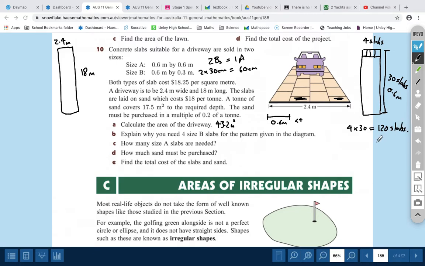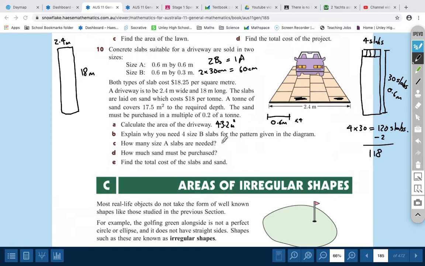But I've got four of the little ones to think about. What are they asking me here? How many of the size A slabs are needed? Well, we know that 2 of the little ones is the same as 1 of the big ones. And we've got 4 of those, so 4 of the small B slabs will be equivalent to 2 of the A's. So we'd have to minus 2 away, and we'd have 118.